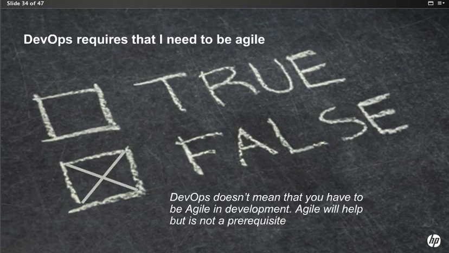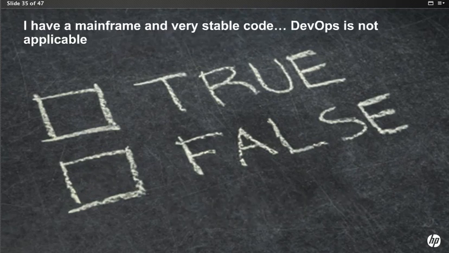I can answer that DevOps is recommended to apply in an agile development environment, but it doesn't mean that you are not able to implement DevOps in a traditional working environment. It's good to have in place, but it's not mandatory.